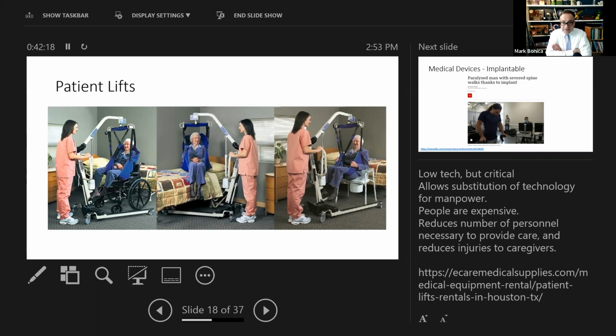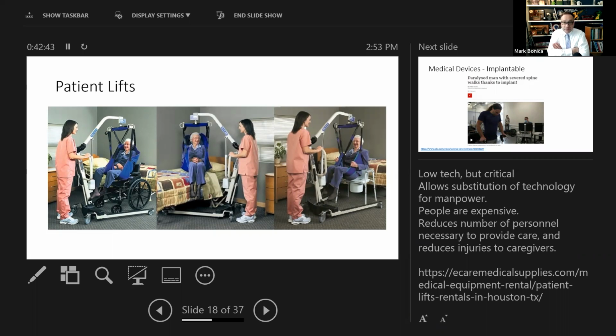But it does allow you to reduce the number of people necessary to move. The patient here that's being moved is a relatively small patient, but imagine you've got some 300-pound bedridden patient. Getting that person to a toilet or to be able to bathe might require 3 or 4 people.